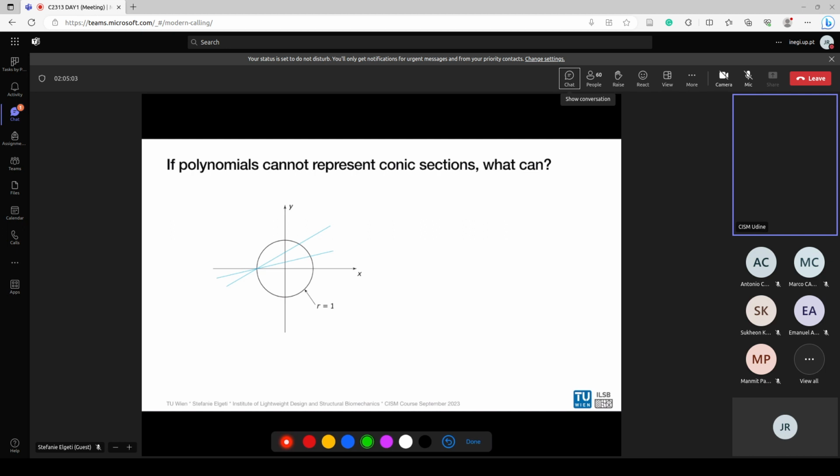Let's do this thought experiment. We have the unit circle here, and now we generate lines that go through this point -1, 0 here. And then we record the intersection of this line with the y-axis.